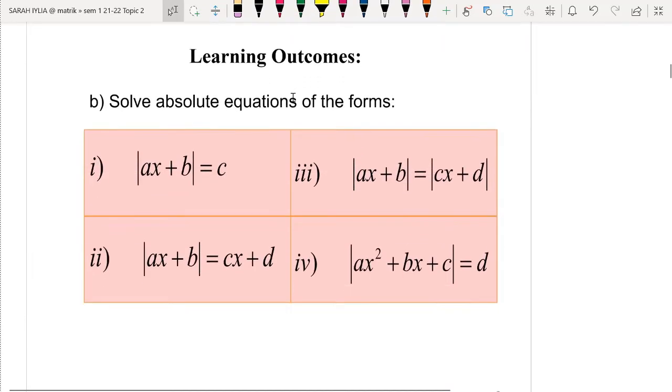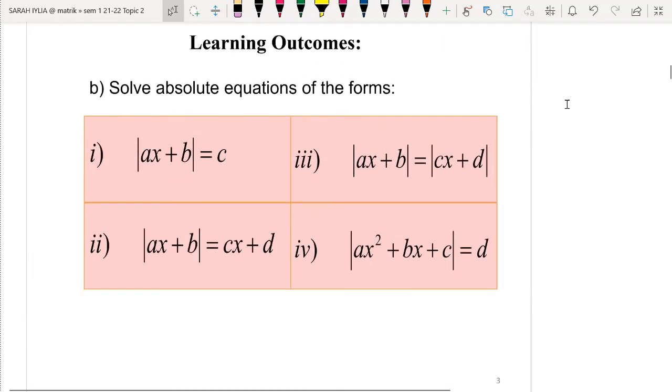For absolute equations, we have two types. First, if we have a one-sided absolute equation, we will use the basic definition method.